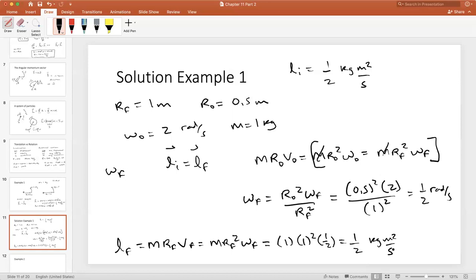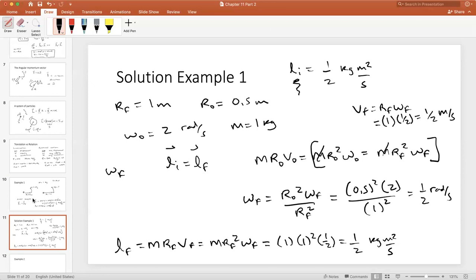But we knew that because it had to be equal to our L initial here. We can also find V final, although knowing that V final is equal to R final omega final, we can find that this is 1 times 1/2, which is 1/2 meter per second.